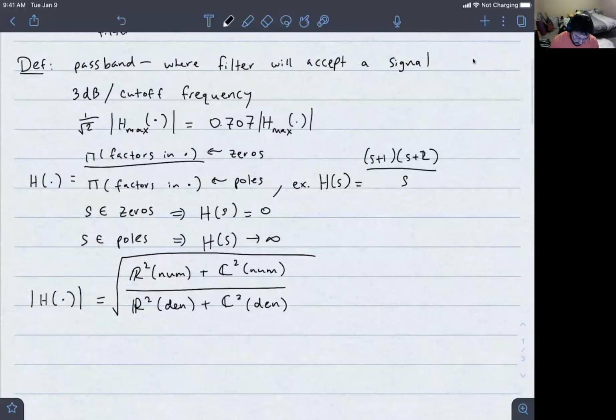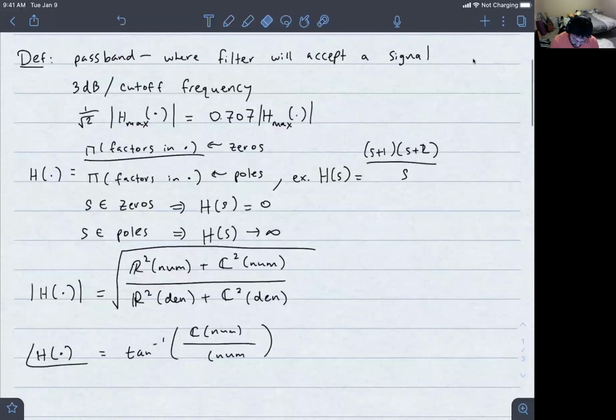And then as for the angle, we take the tangent inverse of the complex part of the numerator divided by the real part of the numerator.